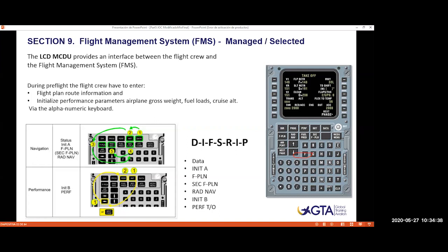And afterwards, the computer makes its own profile, and the computer designs a perfect flight path for the flight that you are going to do.